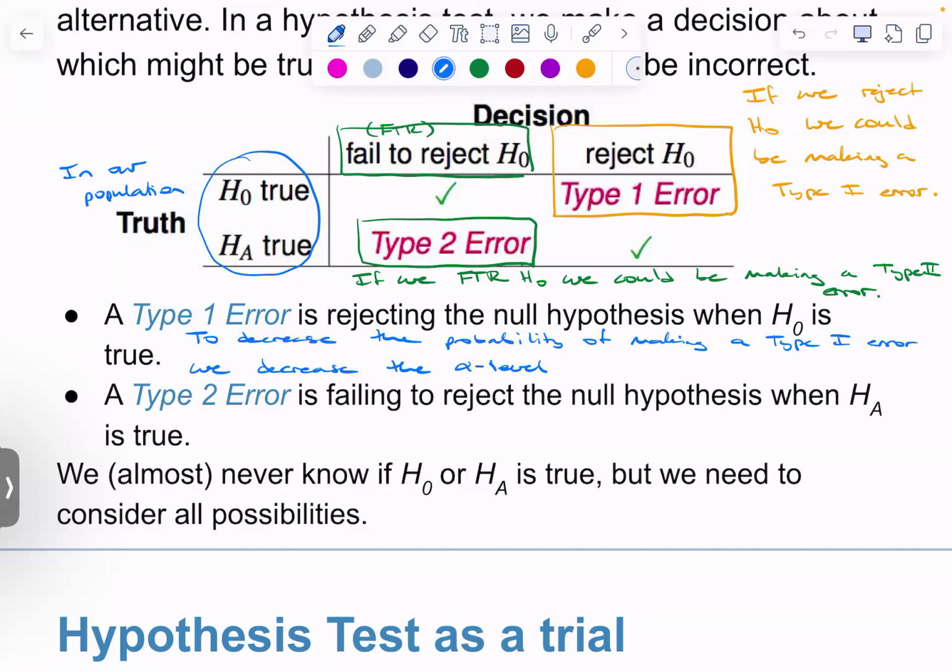That makes it harder to reject H naught. It just means that you need a lot of evidence against H naught before you go ahead and reject it.